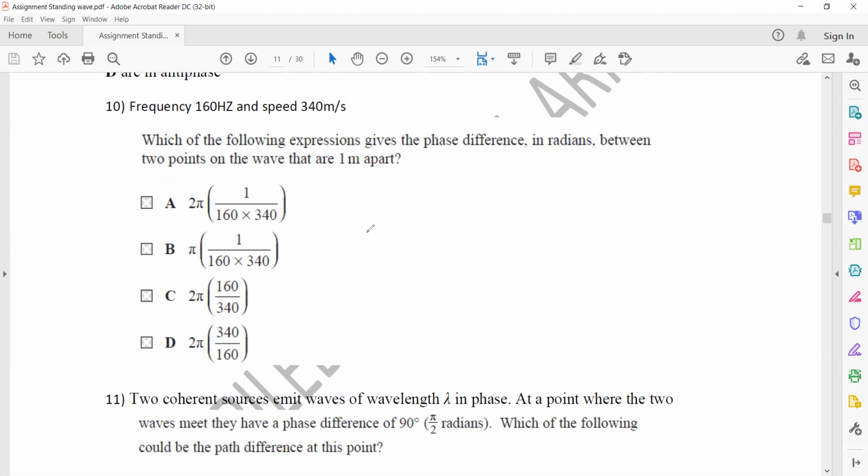So, as we know, the relation between the phase difference and the wavelength: if the path difference is lambda, then the phase difference will be equal to 2 pi.